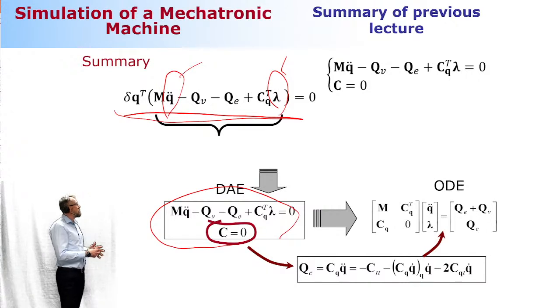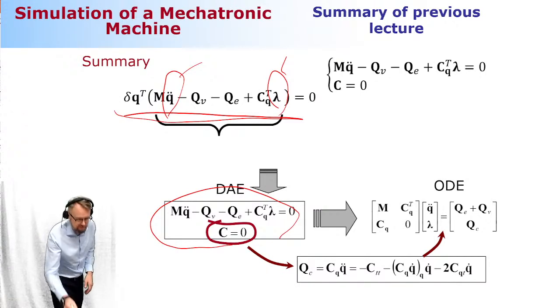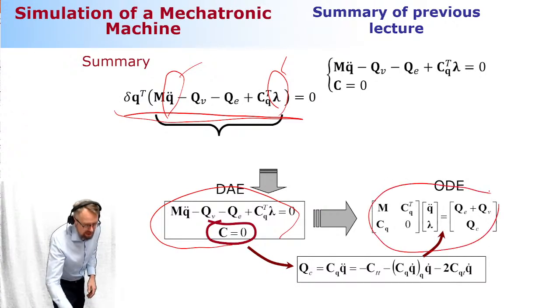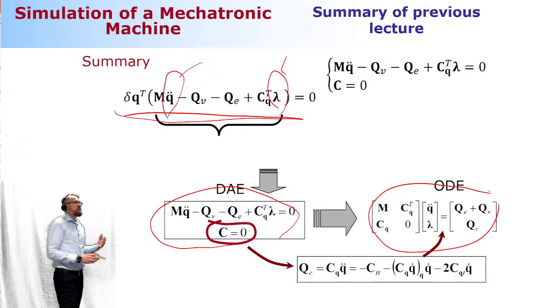The easiest way is to convert this to an ordinary differential equation. This is it. End of the story. We make this conversion by differentiating the constraints twice with respect to time. It's like a little bit of magic, moving from one set to another.